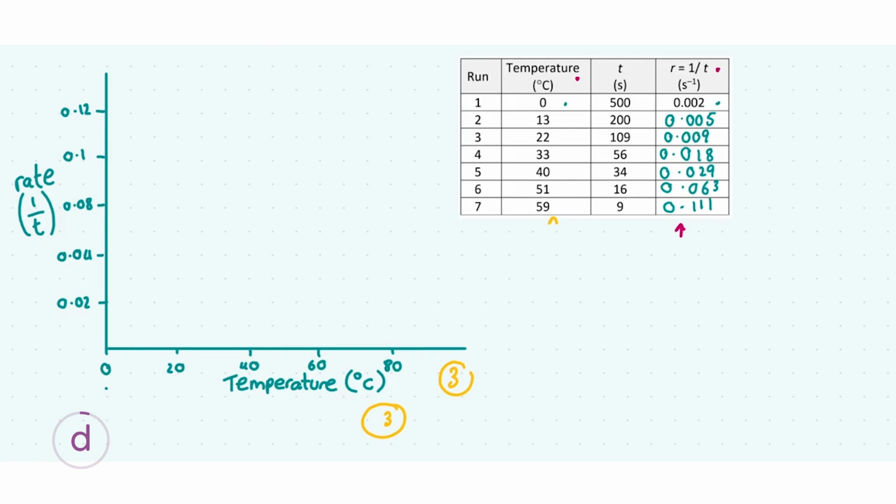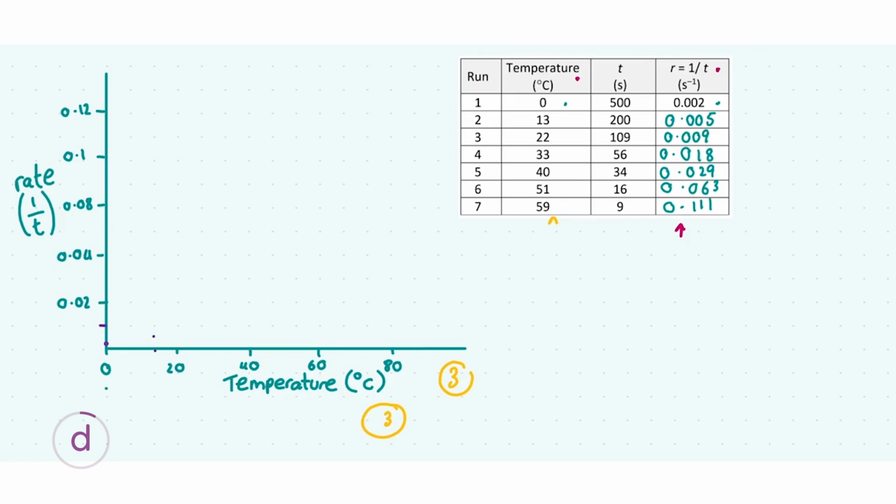This here is going to be 0.01, so 0.002 is probably going to be about here. Now the next one, temperature is 13, so it's probably going to be somewhere around here, and the rate of reaction is 0.005, so it's going to be halfway up between the bottom and this dot here.